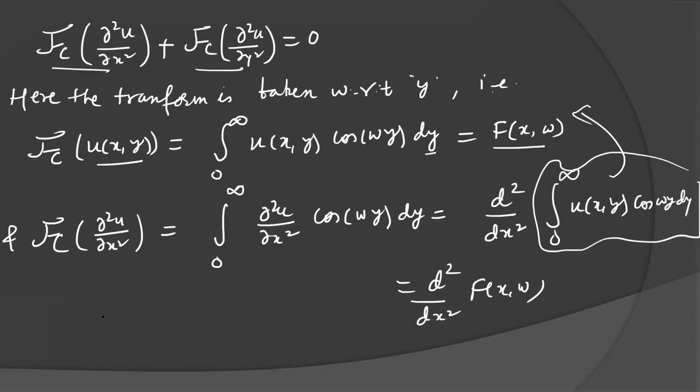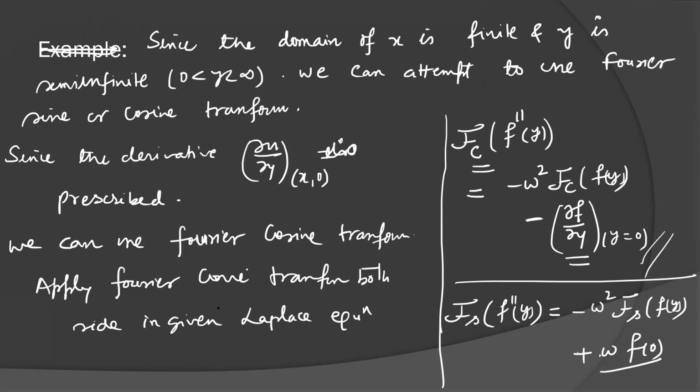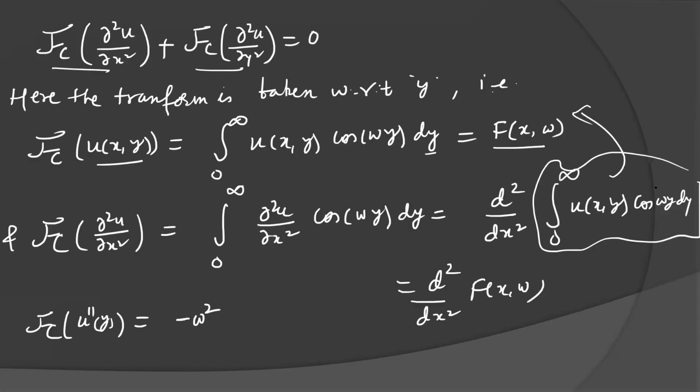For the second term, we have already discussed the Fourier cosine transformation of u double dash y, which will be equal to minus omega square times the cosine transformation of u(x,y), taken with respect to y, minus del u by del y at y equal to 0.